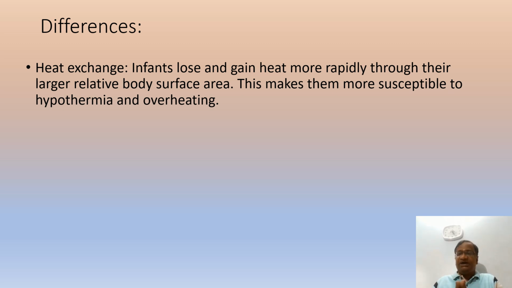For example, a 70 kg man has a surface area of 1.73 square meters. A 35 kg adult would have 0.89, but a pediatric 35 will have 1.1 or 1.2. That is the difference. Weight to surface area ratio is more. So they become more susceptible to this heat loss and gain.